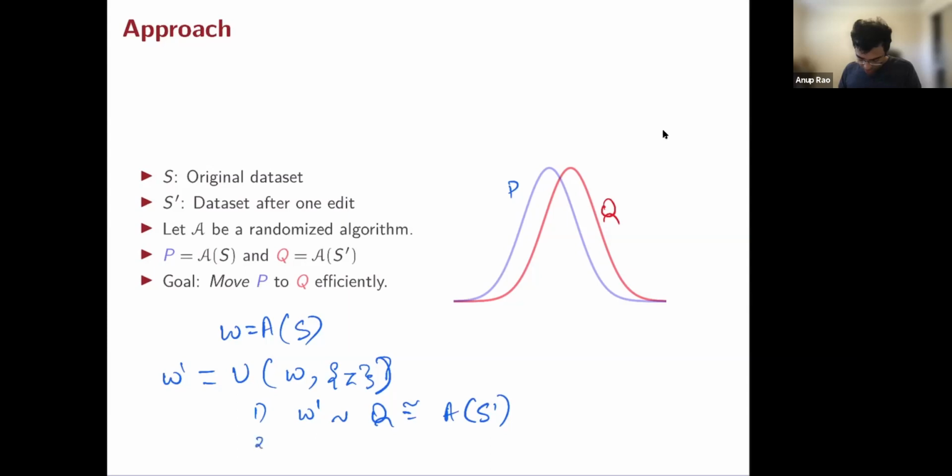Say there are two cases. If W prime is equal to W, so we don't change the model at all, then U has zero compute.